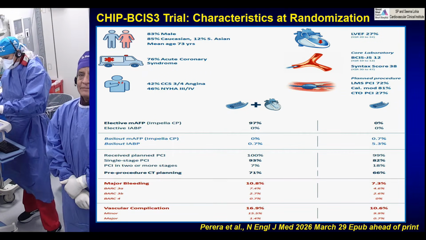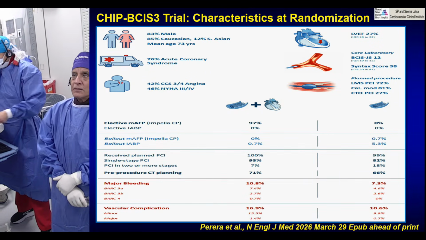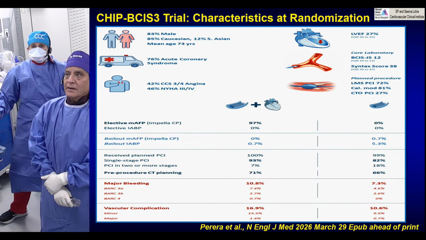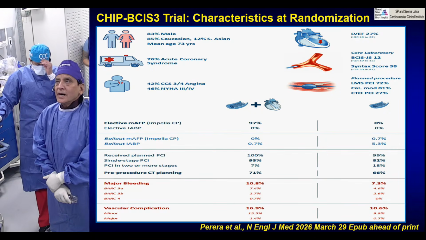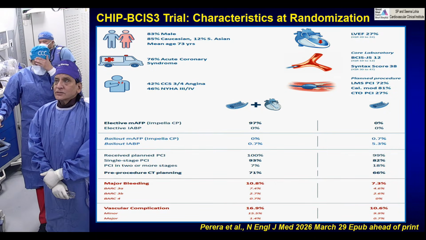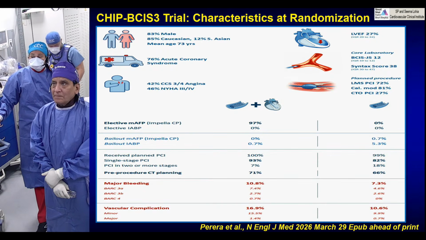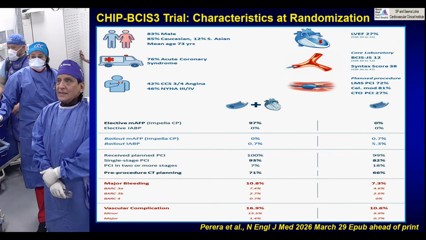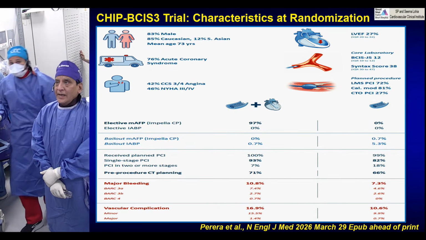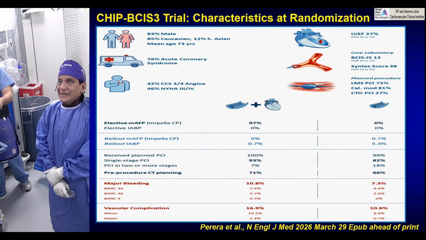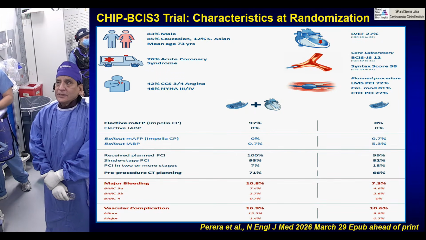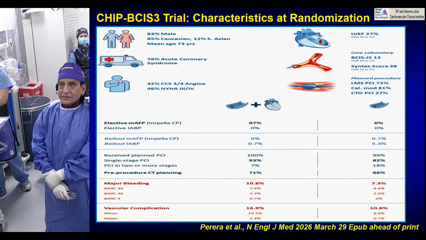Impella was used as expected. The total overall Jeopardy score was, as you can see here, 12. Syntax score was 38. Truly very complex cases, with left main in 72% of patients, calcium modification used in 81%, and CTO in 27%. So really tough lesions.